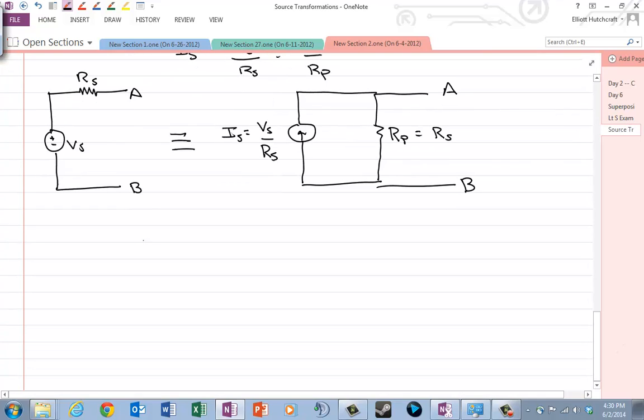And also note here, the load voltage and current are the same for both of these.